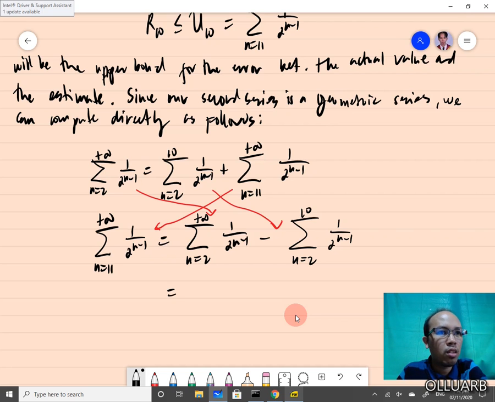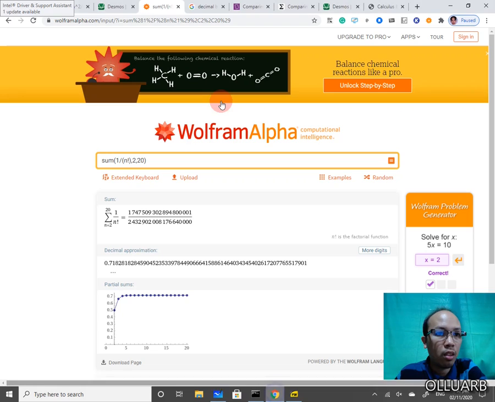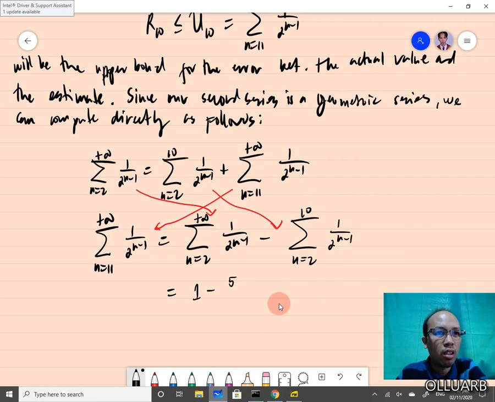We know that the first converges to 1 by our previous discussion, and if you get the sum of this using your calculator or Wolfram Alpha, as you can see here, this is 511 over 512.